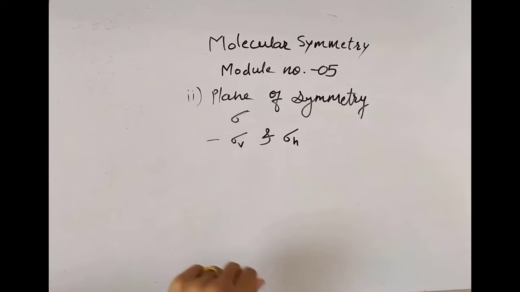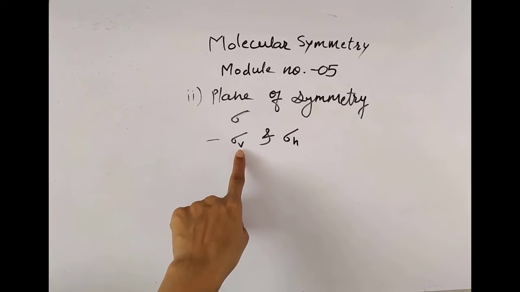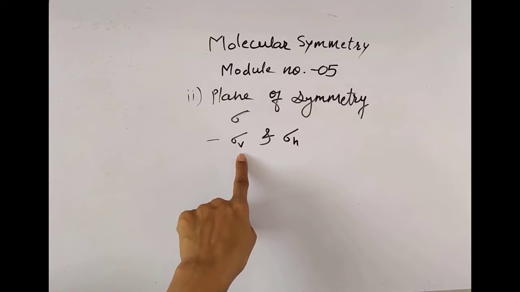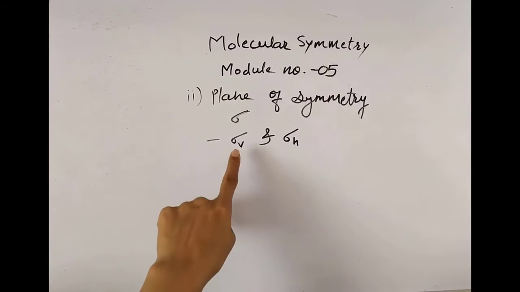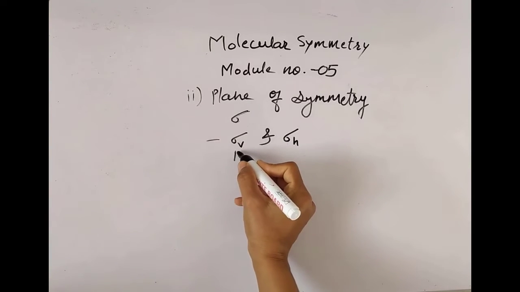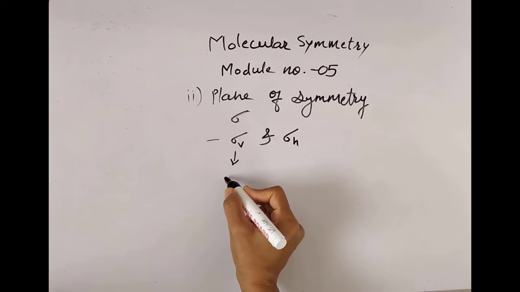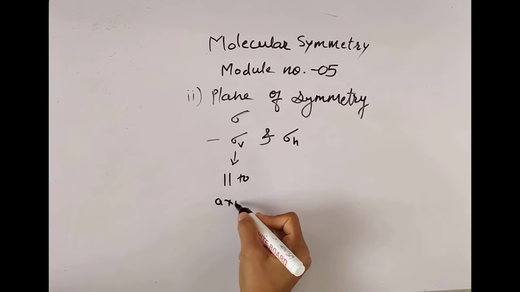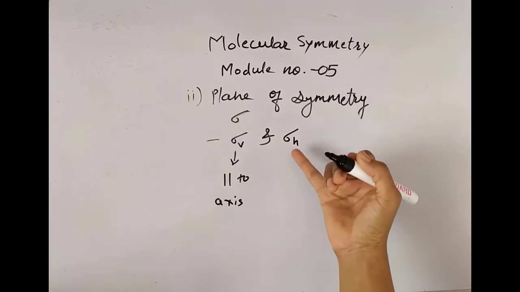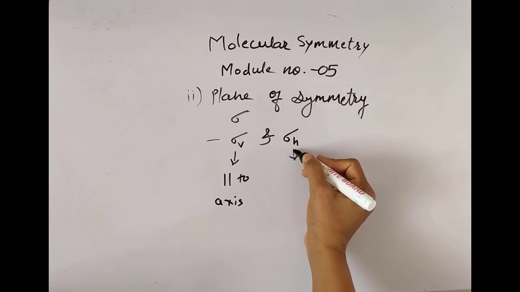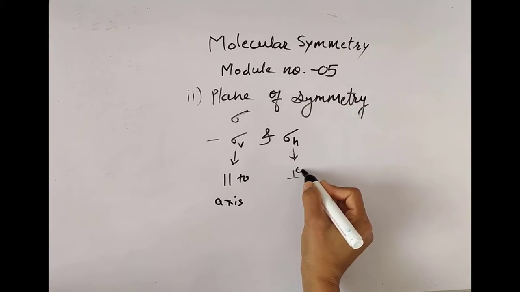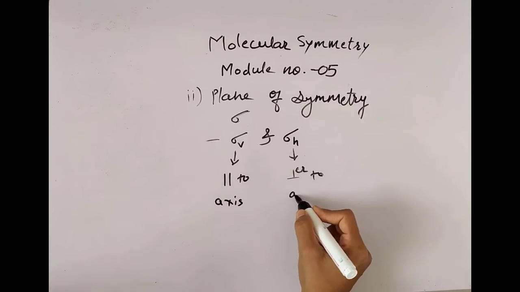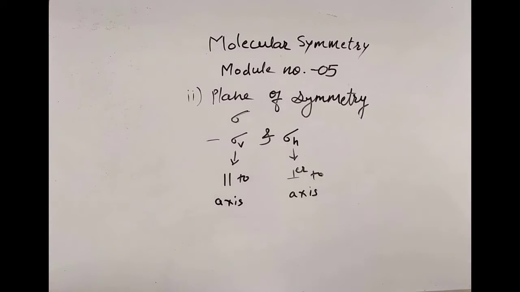We have seen their definitions. Sigma with suffix v indicates the vertical mirror plane. A vertical mirror plane is the mirror plane which is parallel to the principal axis, and a horizontal mirror plane is the plane which is perpendicular to the principal axis.